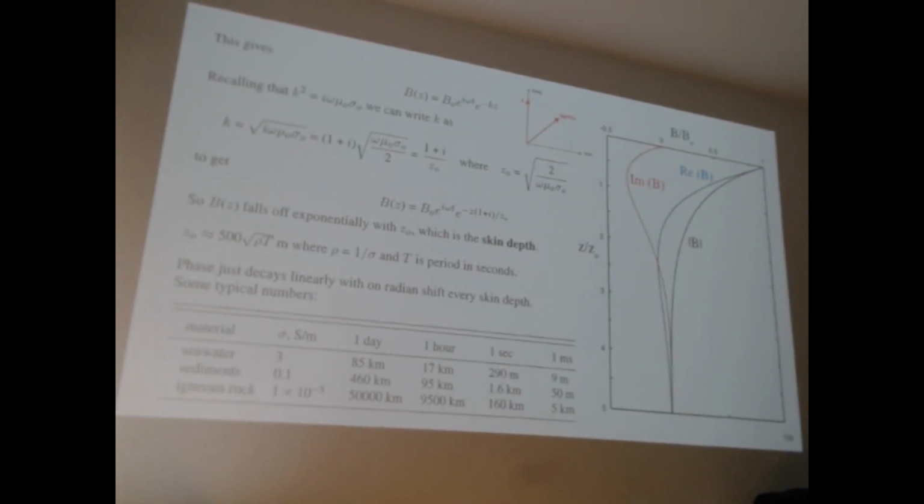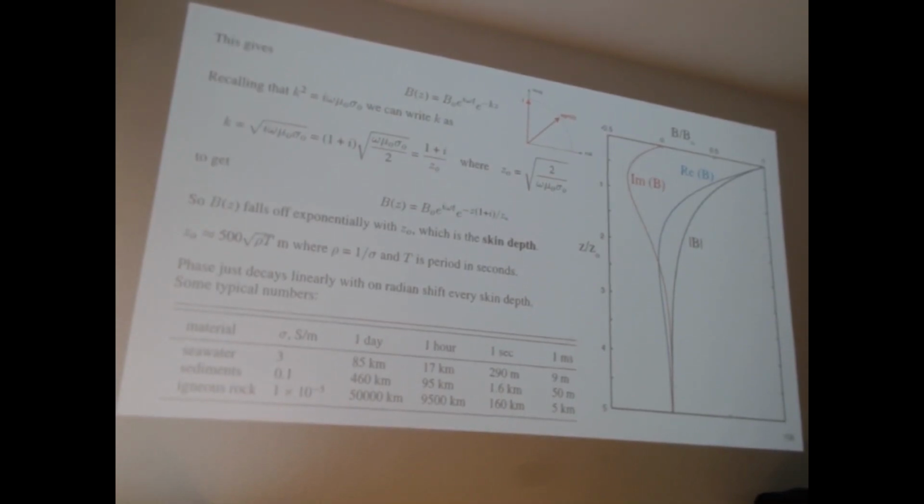No, because there's no way here. I mean, I'm using the magnetic field at the surface of the Earth and a knowledge of the conductivity and frequency to tell you what this magnetic field is as a function of depth.